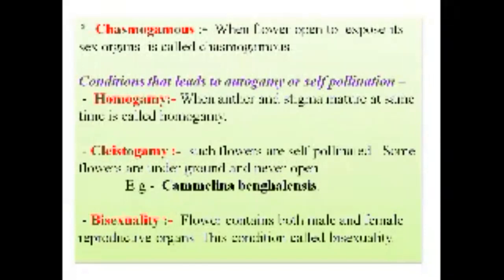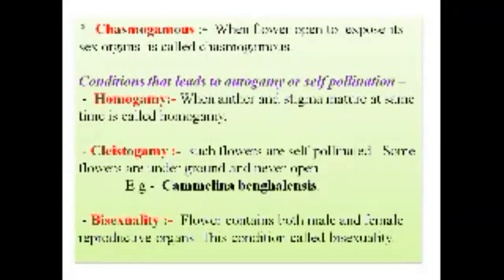At which condition self-pollination or autogamy takes place. Specifically, when autogamy takes place, see these 3 points. First one is homogamy, when the anther and stigma mature at the same time.